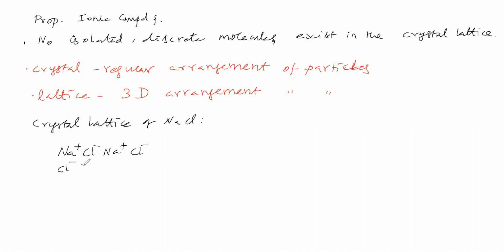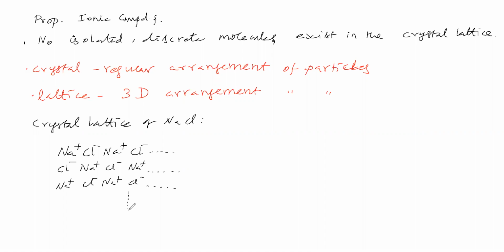Next Cl-, next Na+, next Cl-, Na+. It will continue in all the directions. In this direction the next Na+ will come, here the next Cl- will come, and it will continue like this.